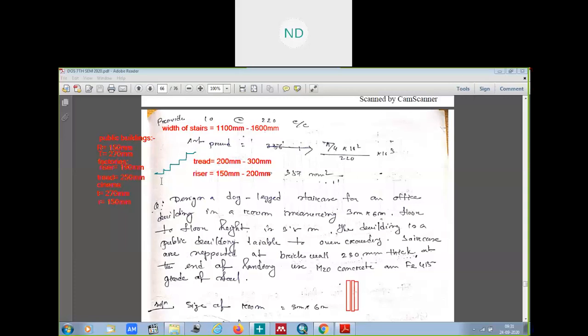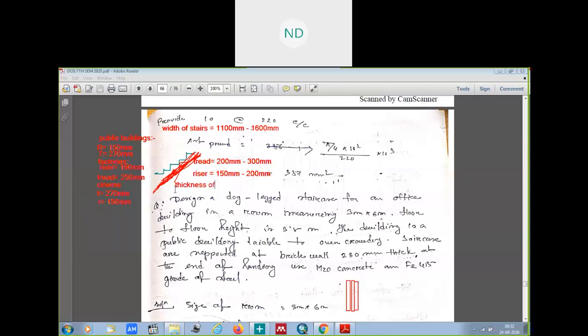And also the thickness of the waist slab. Your slab is constructed over this, and this entire thing is known as your waist slab.